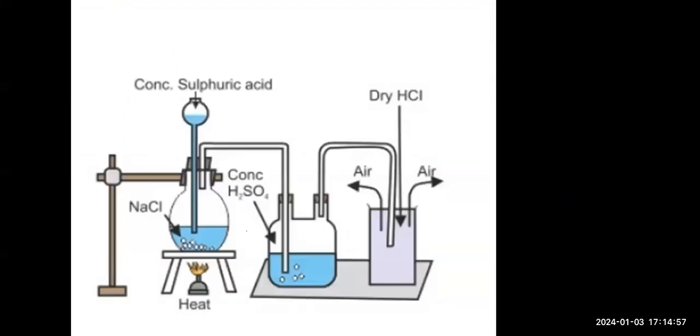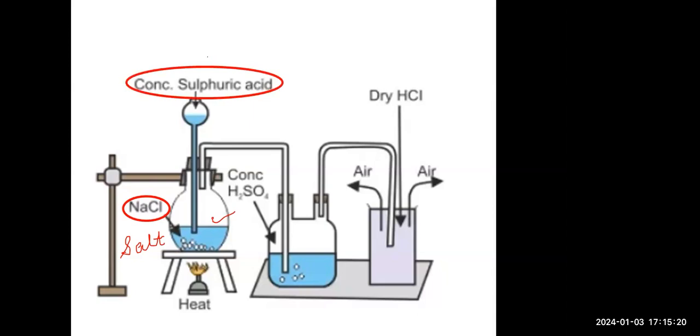Okay. Now, you can see a diagram in front of you. There are certain beakers and certain flasks. Let us see one by one what they are. The first thing is NaCl, the common salt, sodium chloride. It is taken in this round bottom flask, right?